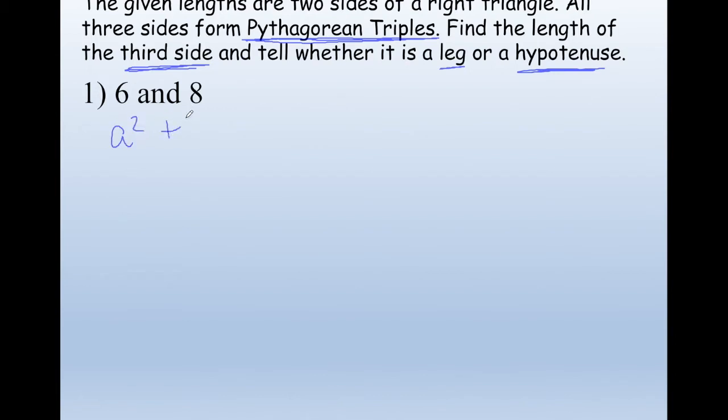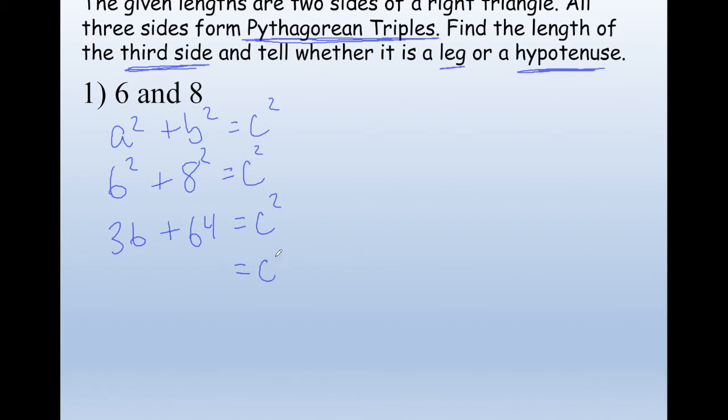We take a squared plus b squared equals c squared, and most people are probably going to put the two numbers in here first, and we're going to see if our result is a whole number. I'm going to take the square root of both sides, square root of 100, c is equal to 10. We got a whole number, so we're in pretty good shape. 10 is bigger than 8, so what did we find there? We found the hypotenuse.